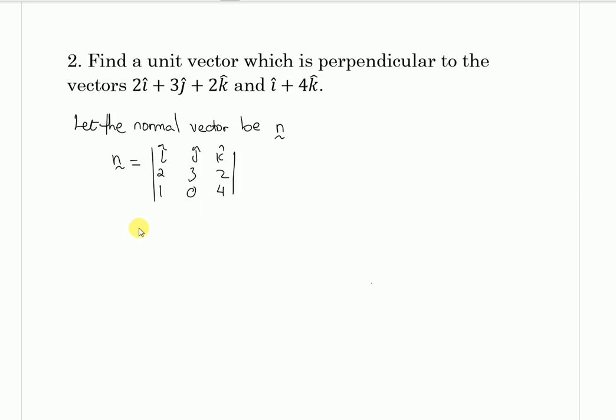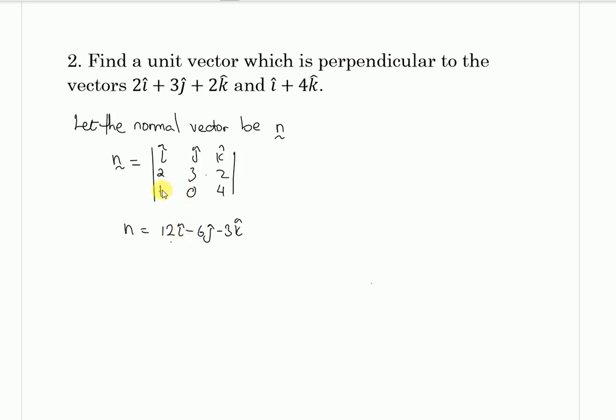If I work out everything, in the i I have 3 times 4, so this one is 12i. For j, I have 2 times 4 minus that one, so that is minus 6 in the j. When it comes to k, I have 2 times 0 minus 3, which is minus 3k. And now this is a vector which is perpendicular to these two.